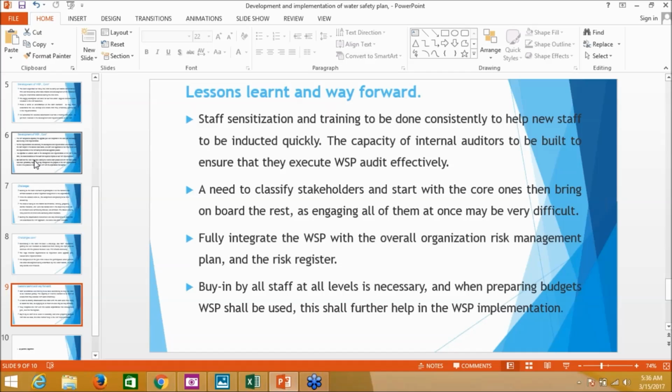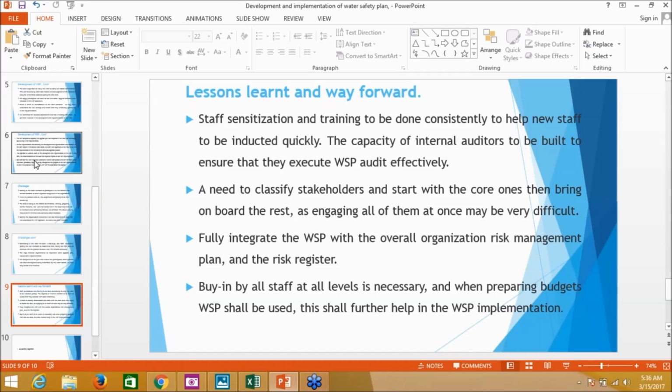So that's what we're implementing right now, so that we have a team of other people who are not in the team who understand water safety planning and can effectively audit its implementation. That's one lesson we learned that we are working on to ensure that water safety planning becomes a reality and a useful tool for us.